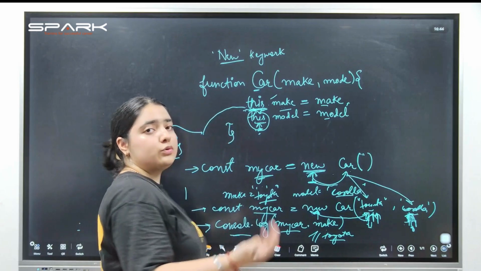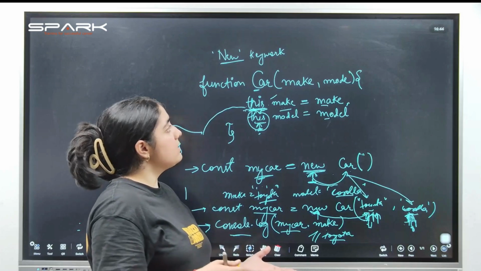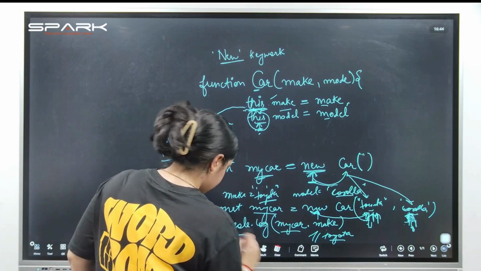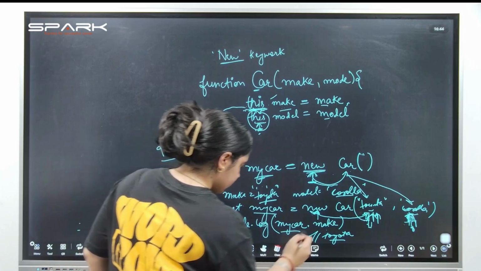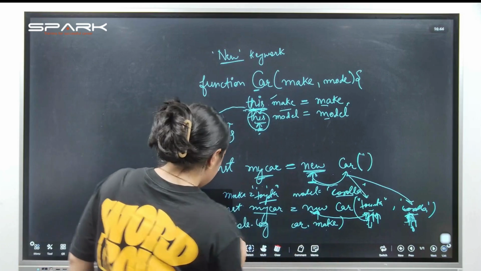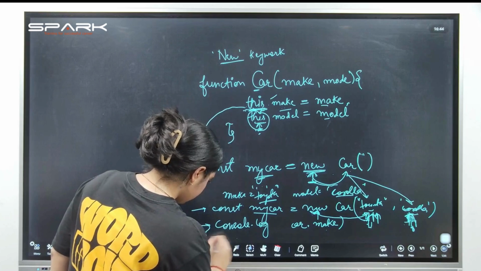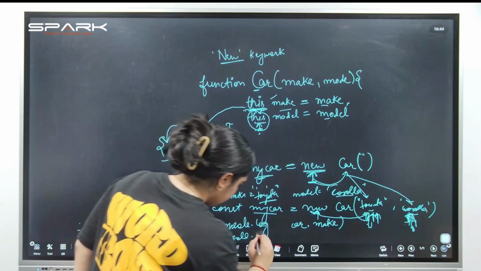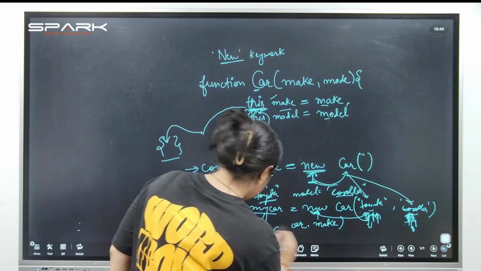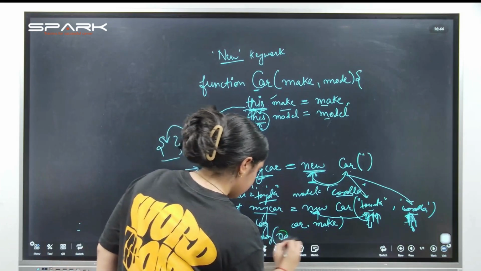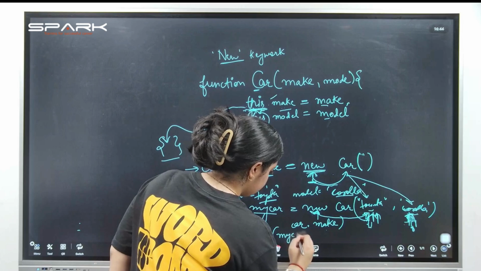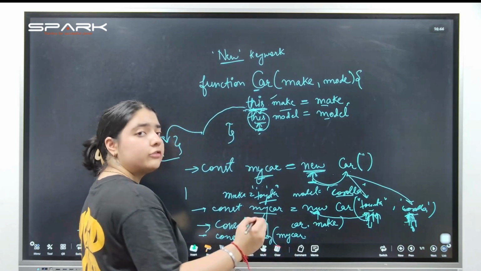And if I want to know what kind of model my constructor Car has, instead of writing make, we can just write console.log, then my object name, that is myCar, and I want to know what kind of model is present there.